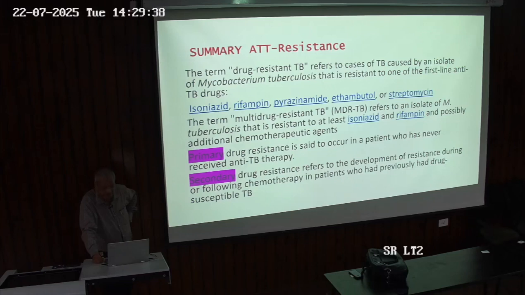Primary drug resistance is said to occur in a patient who has never received anti-TB therapy, whereas secondary drug resistance refers to development of resistance during or following chemotherapy in patients who had previously had drug susceptible TB. So, I have already described the factors leading to resistance in these cases.